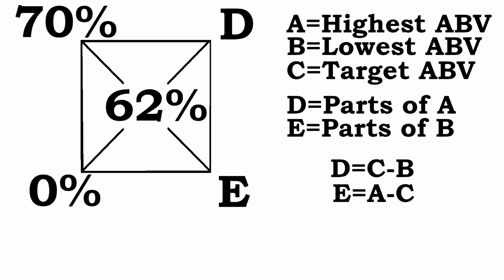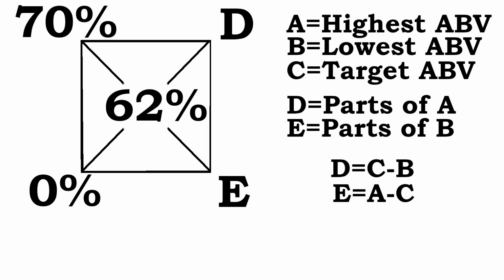But I'm eliminating the decimal point. It would actually be 62.5 that is the ABV of 125 proof, but I don't want to mess with the decimals. And I'm going to say that we're going to mix water with this 140 proof or 70% ABV in order to try and get to 62.